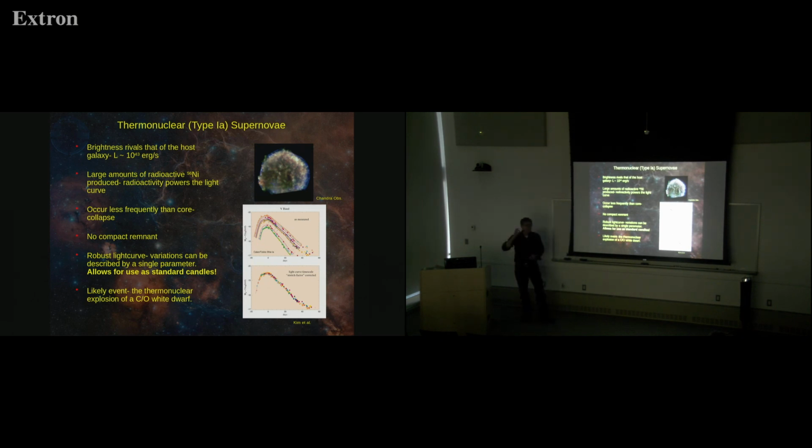The nickel-56 decays to cobalt-56 and then to iron-56 over the period of days or weeks, and that's what powers the light curve that you see. They occur less frequently than the core collapse that I mentioned. There's no compact remnant. And what's really critical is that the light curves are robust.